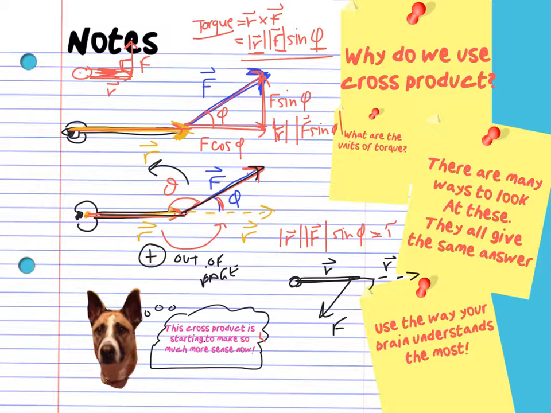Then they would cross into each other in the clockwise direction, but easier yet, the force would turn the wrench in a clockwise direction. Clockwise means negative, and that would be going into the page.